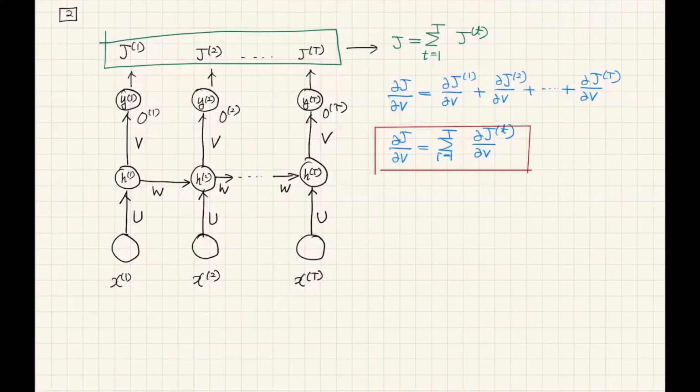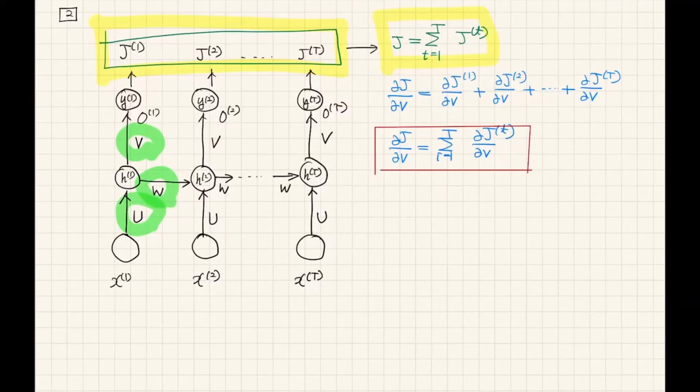Once again, as I mentioned in the previous class, in order to update U, V, and W, we have to define the cost function. The cost function in RNN is defined as the sum of the cost functions at each layer, each state.